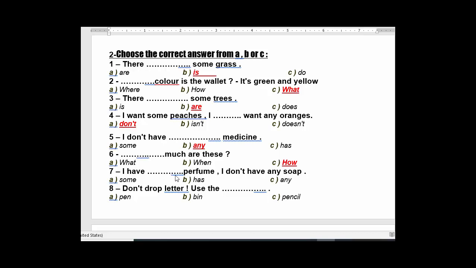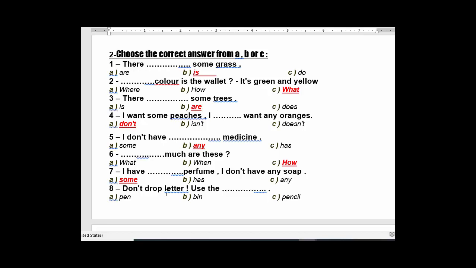It's an affirmative sentence, not negative. In I don't have any, we used any because it's a negative sentence. But when I see an affirmative sentence, I have to use some, excellent. I have some perfume. So number seven again, I have some perfume, I don't have any soap.